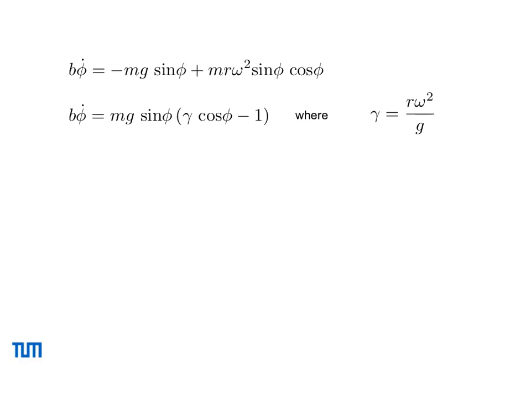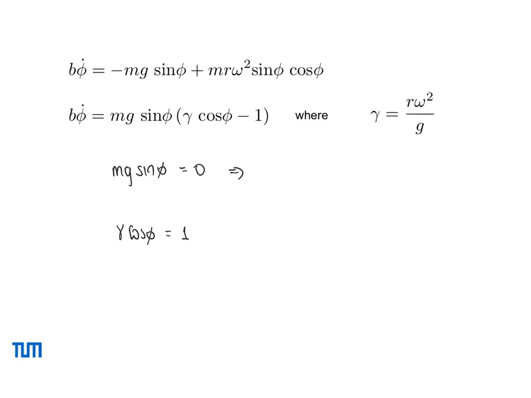Now how many fixed points do we have here? The first fixed point is somehow evident: mg sine of phi is equal to 0, and the second one tells us gamma cosine of phi is equal to 1. What is the function satisfying this?